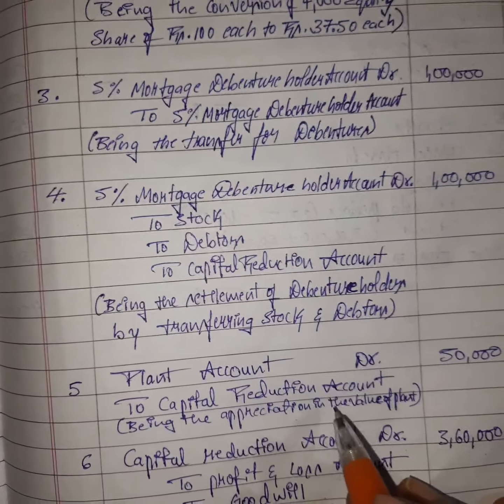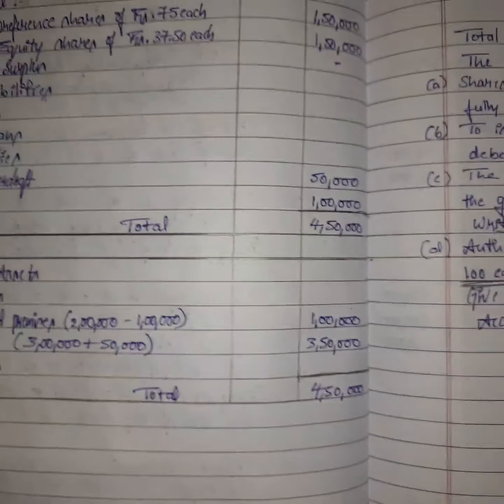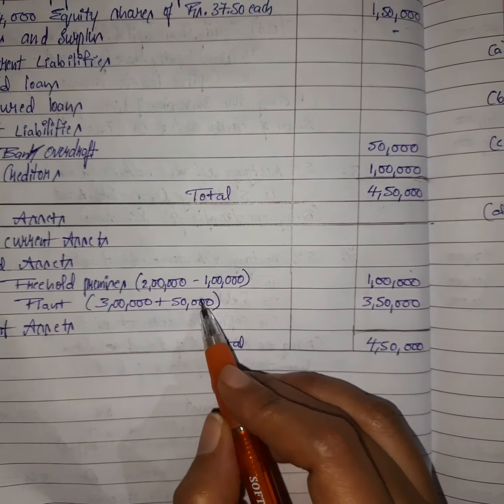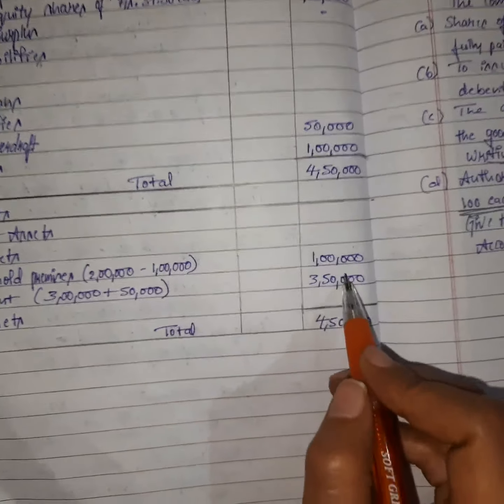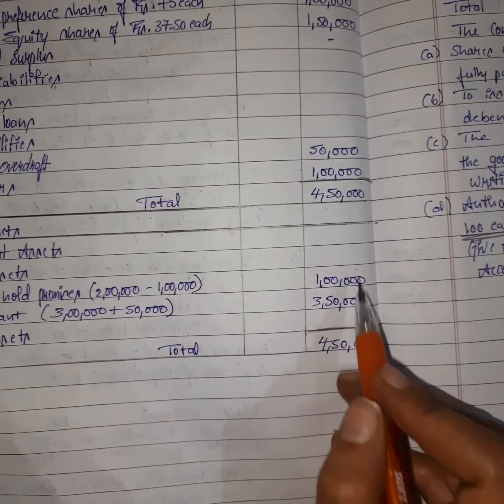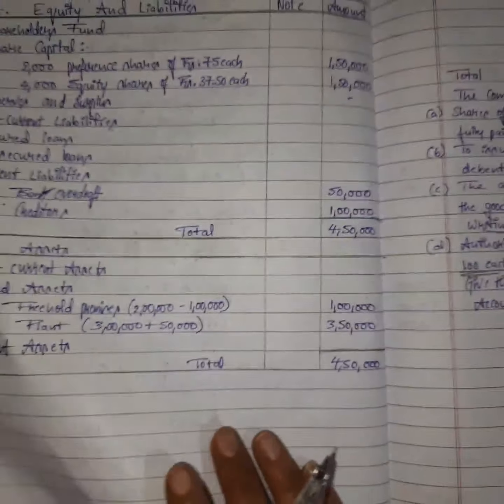You have made an entry for appreciation of 50,000, so the same thing you will write here. So 3 lakh plus 50,000 is 3,50,000, and 1 lakh plus 3,50,000 is 4,50,000.